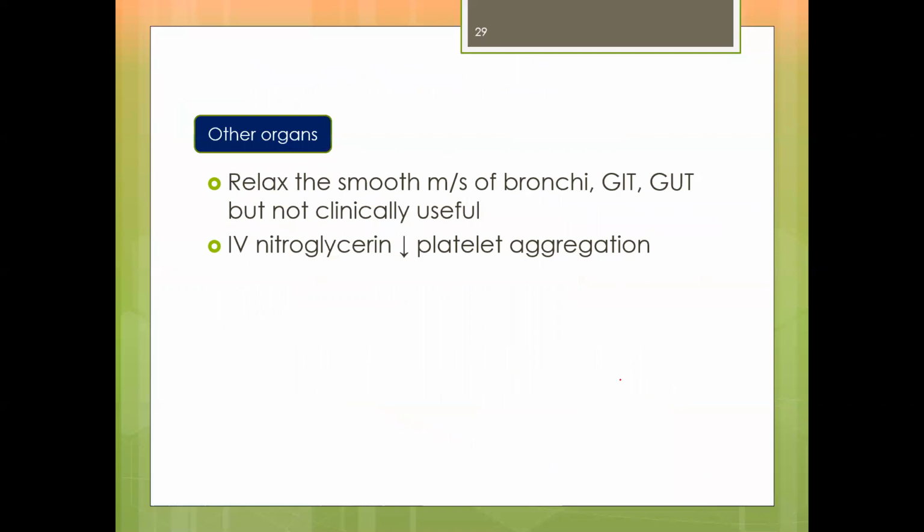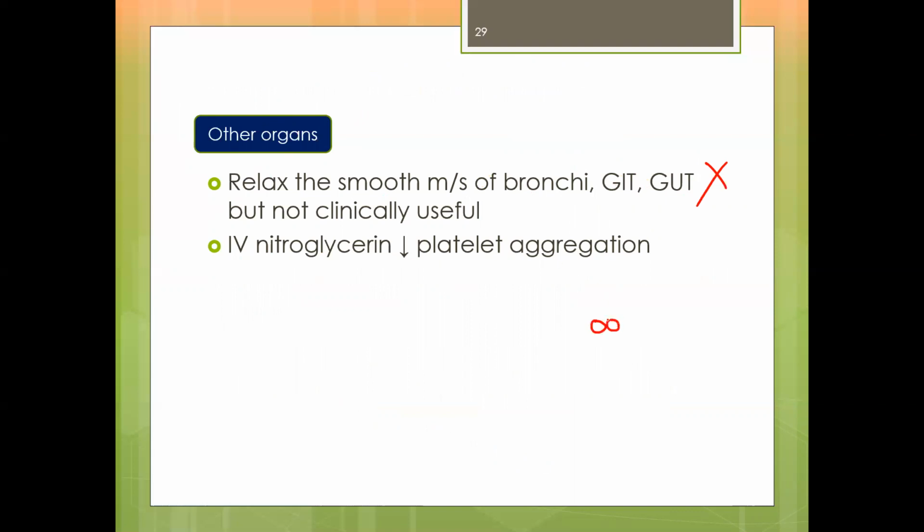thing for the heart. In the other organs, the nitrates relax the smooth muscle of the bronchi, the gastrointestinal tract, and the genitourinary tract. However, this is not clinically useful, so this is not so important. Okay. And IV nitroglycerin tends to reduce platelet aggregation. Okay.